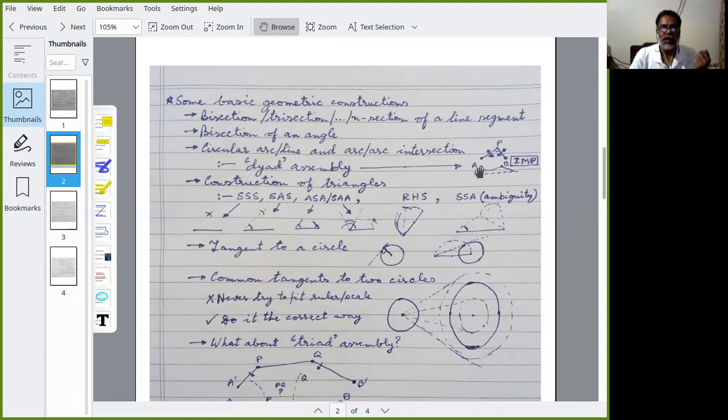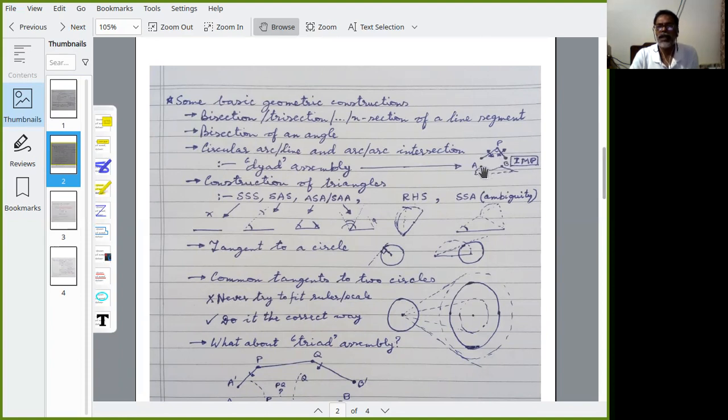And then there are two given points A and B. Now you have to assemble this dyad, this little piece with two links with a revolute joint in between. You have to assemble it to the main mechanism in such a way that point A of this falls on point A of this, point B of this falls on point B of this.